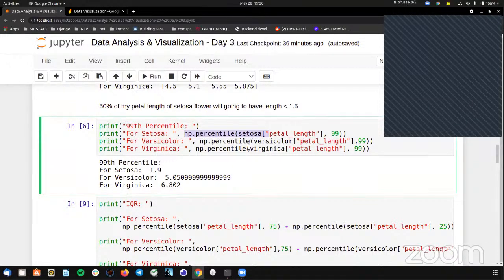You can write, like, 99% of the Setosa flowers are going to have a petal length of less than 1.9 centimeters. So whenever someone says they have an array like 1.8, 2.1, 2.1, 2.1, you can tell that this data seems fishy. Why?